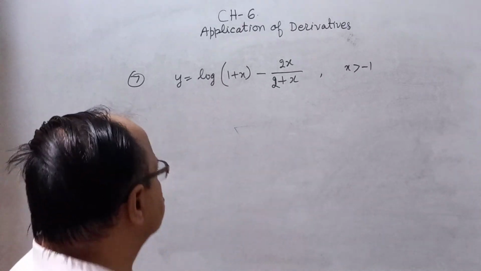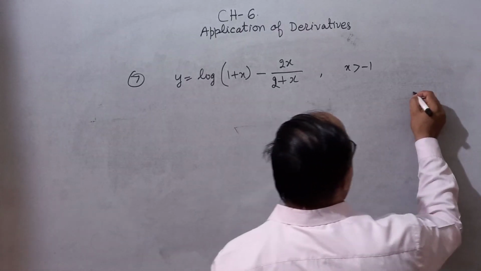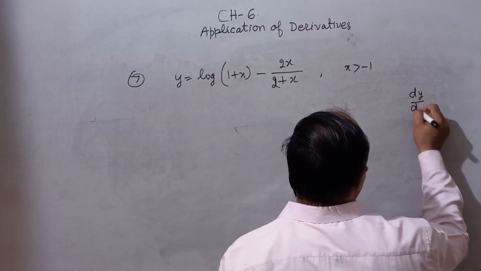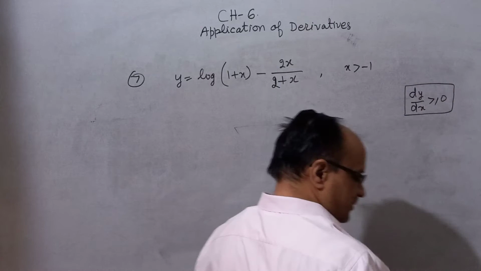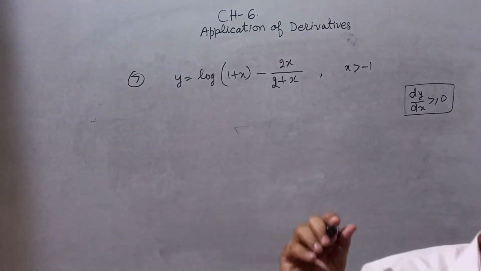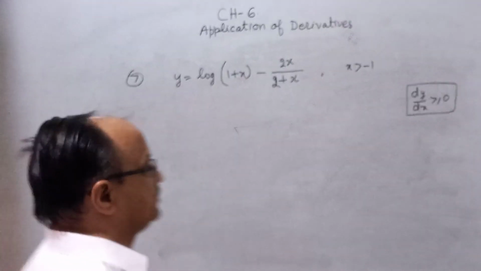For an increasing function, we have to prove that dy by dx is greater than or equal to 0. That is, f dash x is greater than or equal to 0.